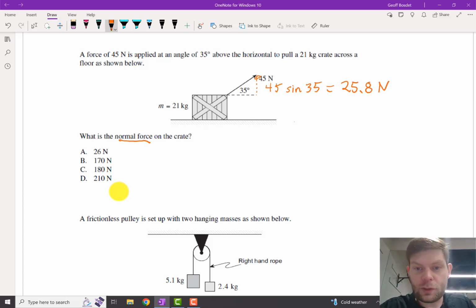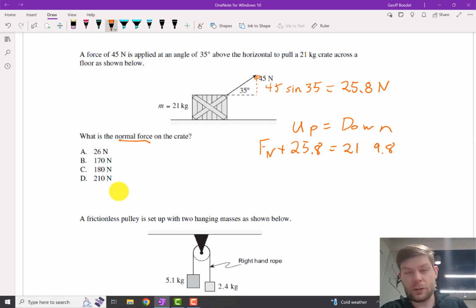Now our up forces have to equal our down. Up equals down. We got two up forces. We got Fn, which is what we're looking for, plus 25.8, our upward component of our applied force, equal our gravity, which is 21 times 9.8, should be 196 plus 9.8, which would be 205.8.